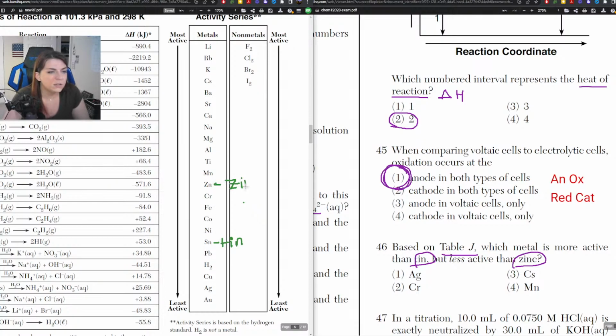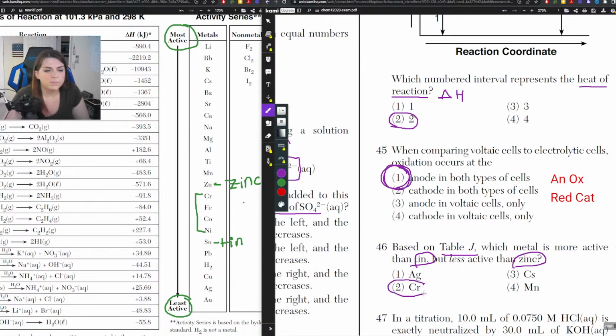ZN is zinc. We're looking for something that's more active than tin. The most active things are towards the top and the least active things are at the bottom. So really we're looking for one of these answers: chromium, iron, cobalt, or nickel. And that's going to be chromium. CR.